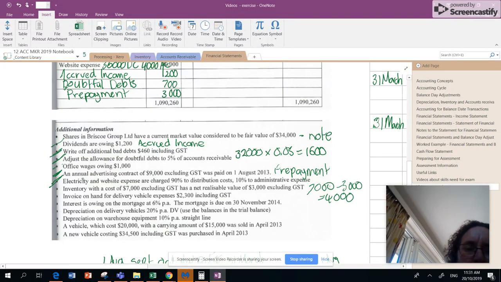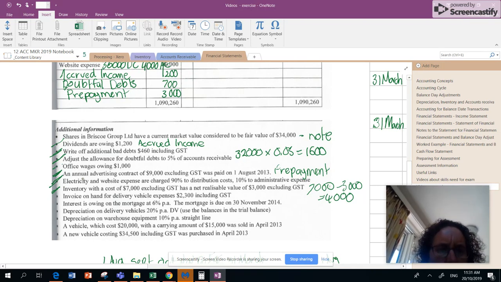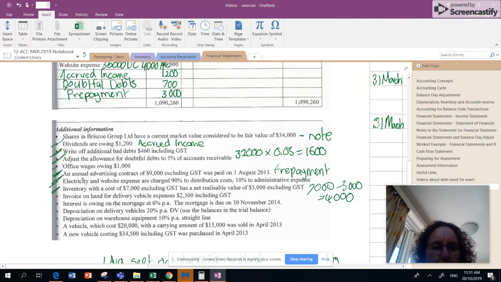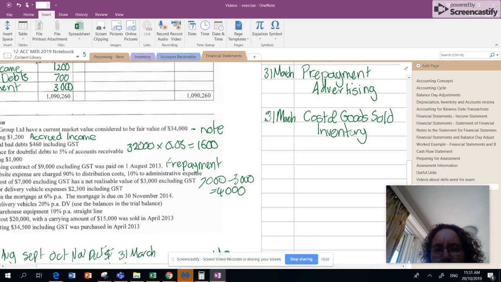Okay, next one, we've got an invoice on hand. And so we know for an invoice on hand, it's either going to be accounts receivable or accounts payable. In this case, it's invoice on hand for a delivery vehicles expense, including $2,300 including GST. So we know that that's going to be accounts payable because it's an expense.